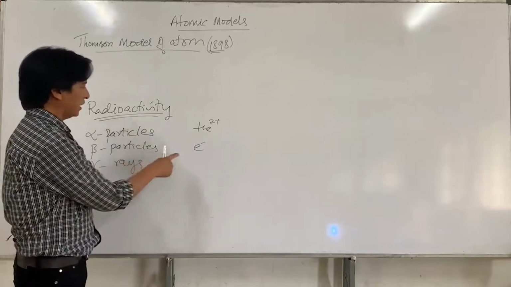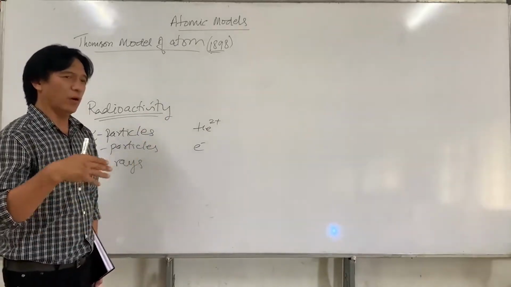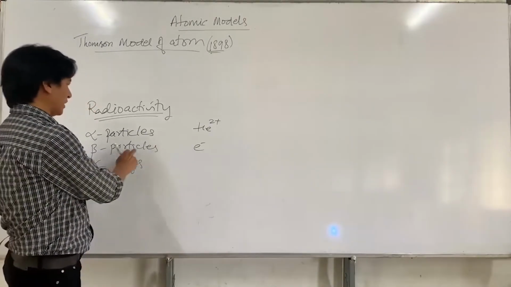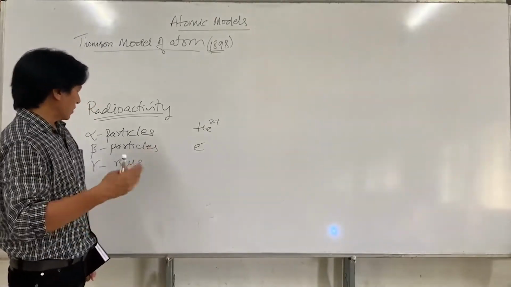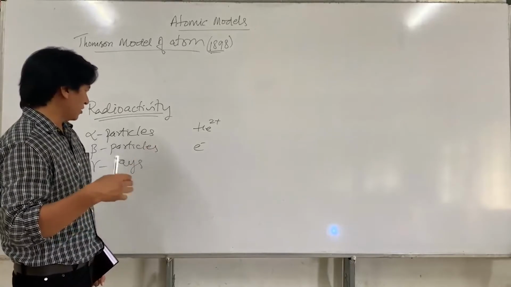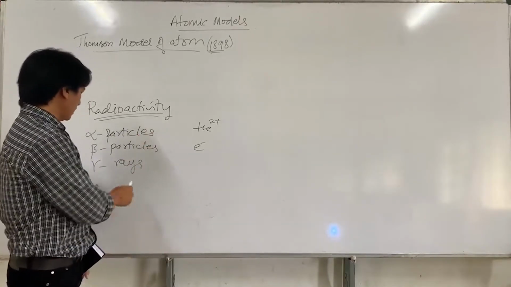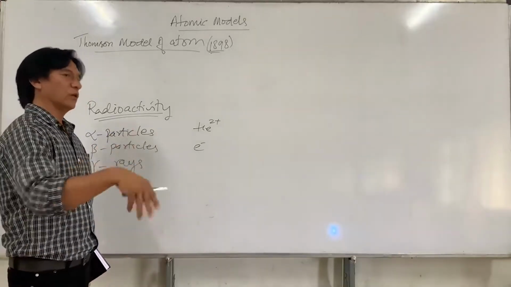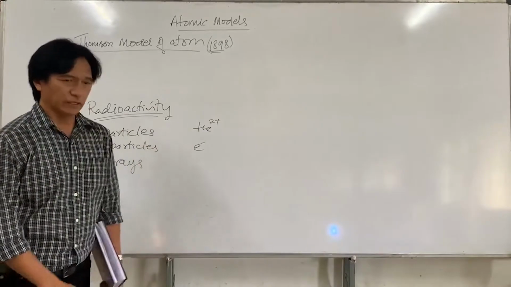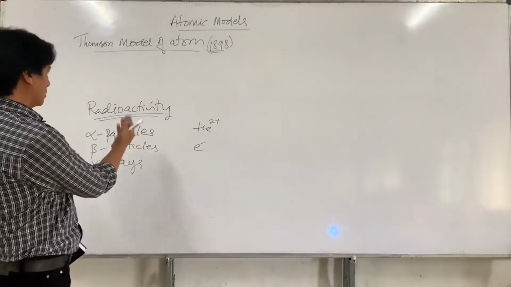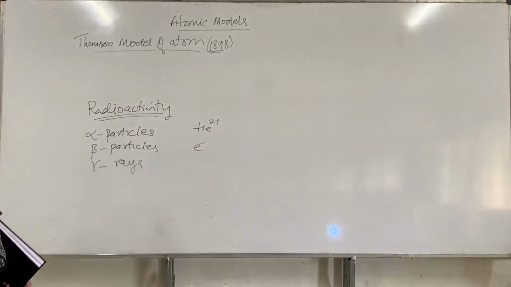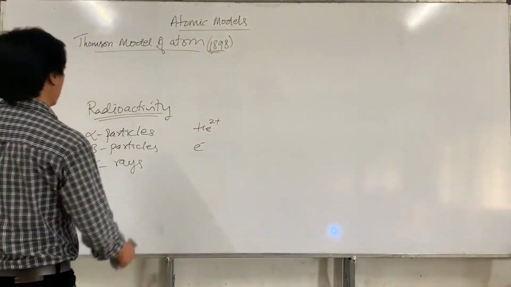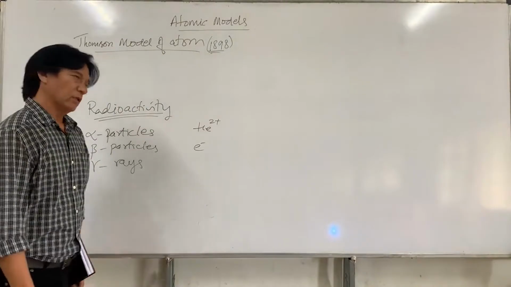They are said to be 100 times more penetrating than the alpha particles, and then the penetration power of the gamma rays is said to be 1,000 times more than that of the alpha particles. So this is what I can tell you about these radiations that are emitted during radioactivity.